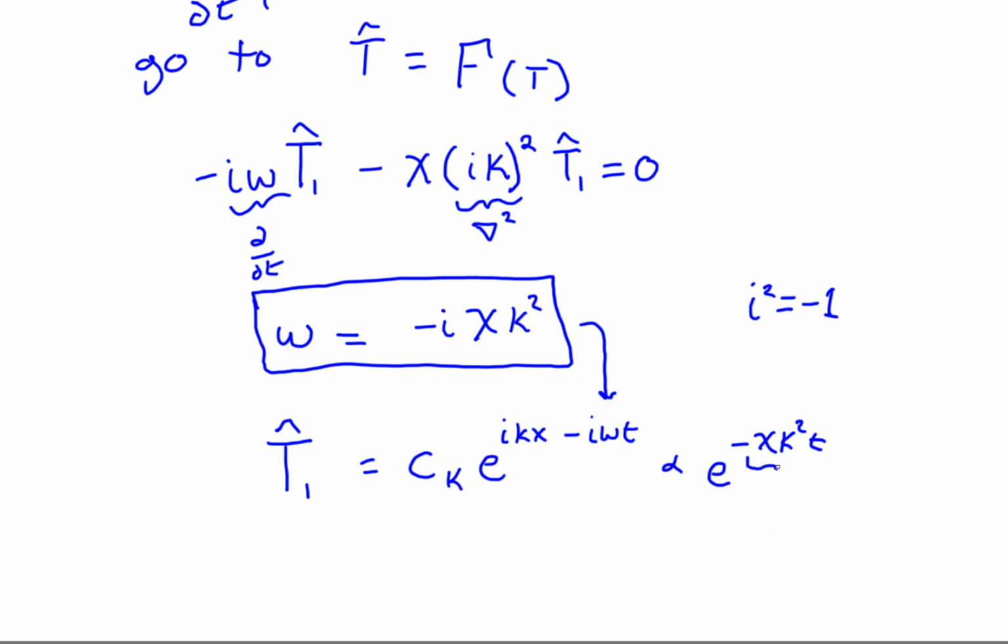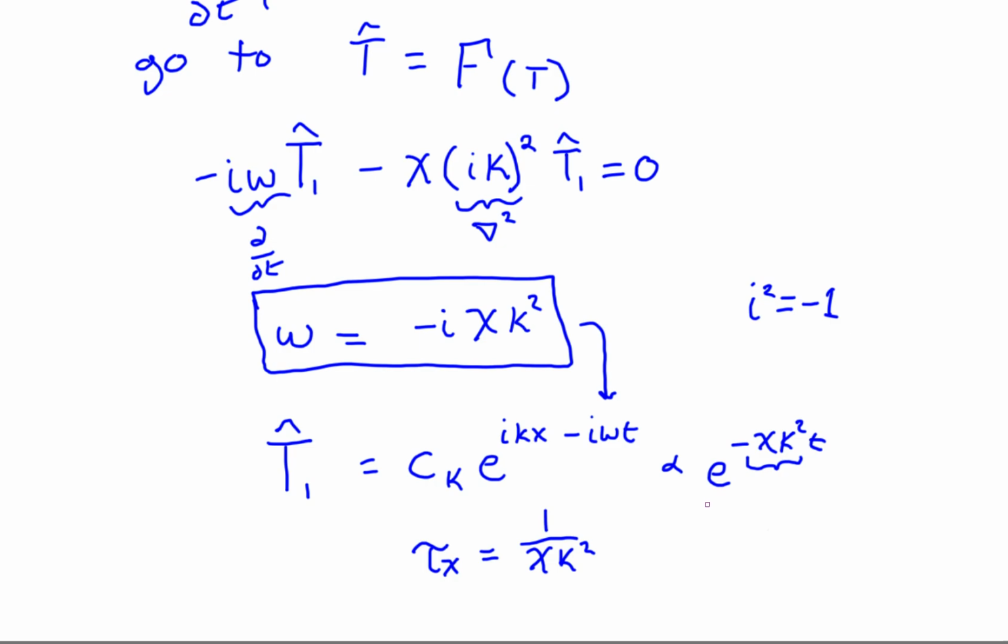This is related to the thermal diffusion time. Remind you that the thermal diffusion time, tau, is equal to 1 over our thermal diffusion coefficient times our wave number squared.